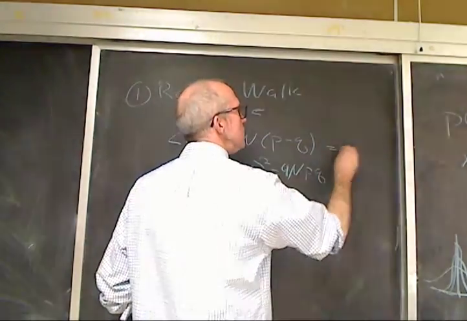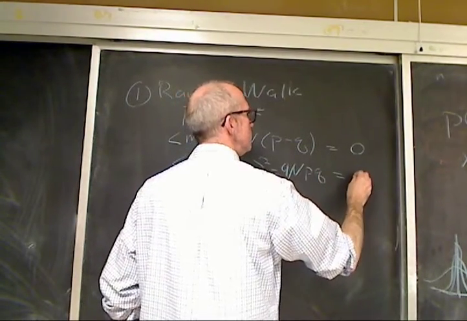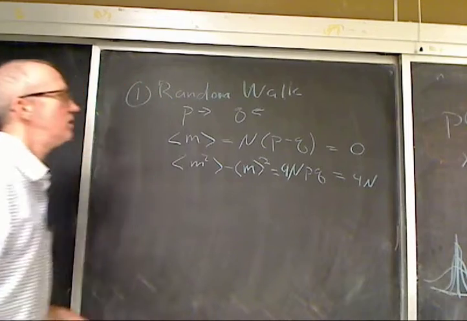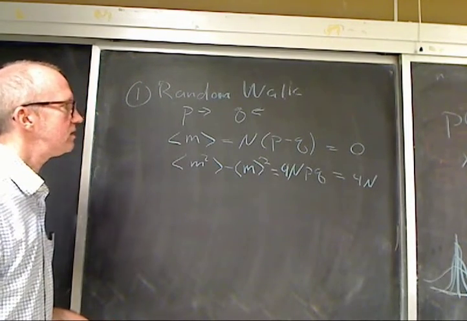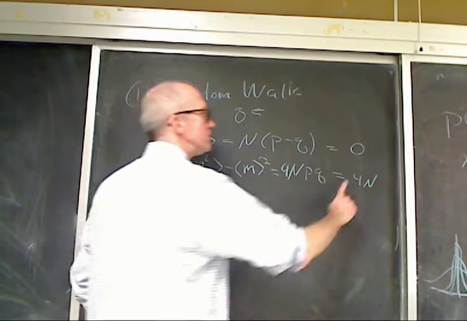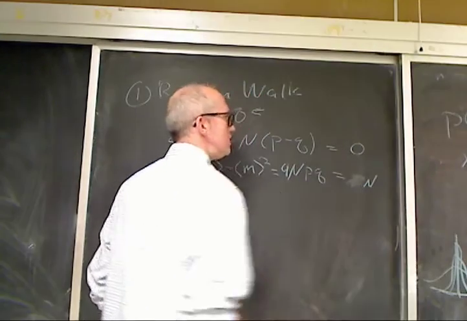So if P equals Q, then this is equal to 0, and this is equal to, no, sorry, the 4 cancels. Just n.